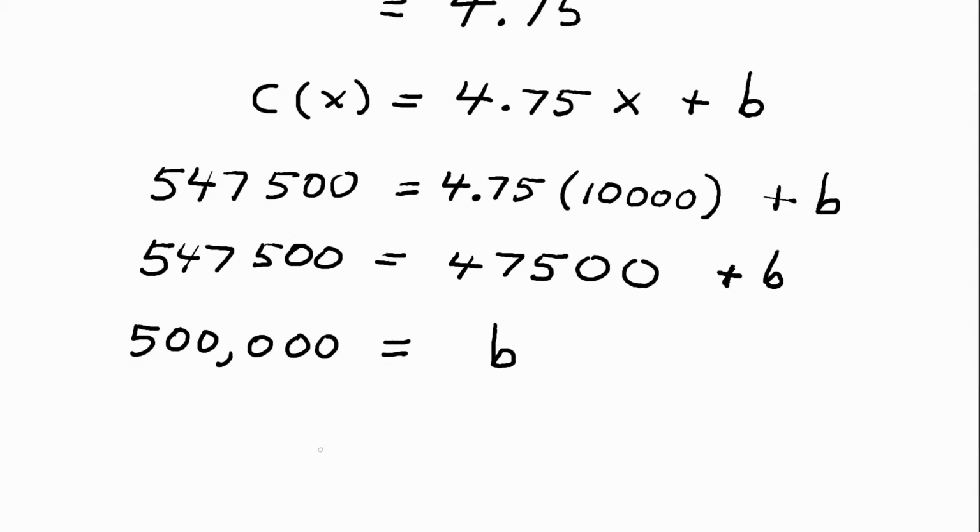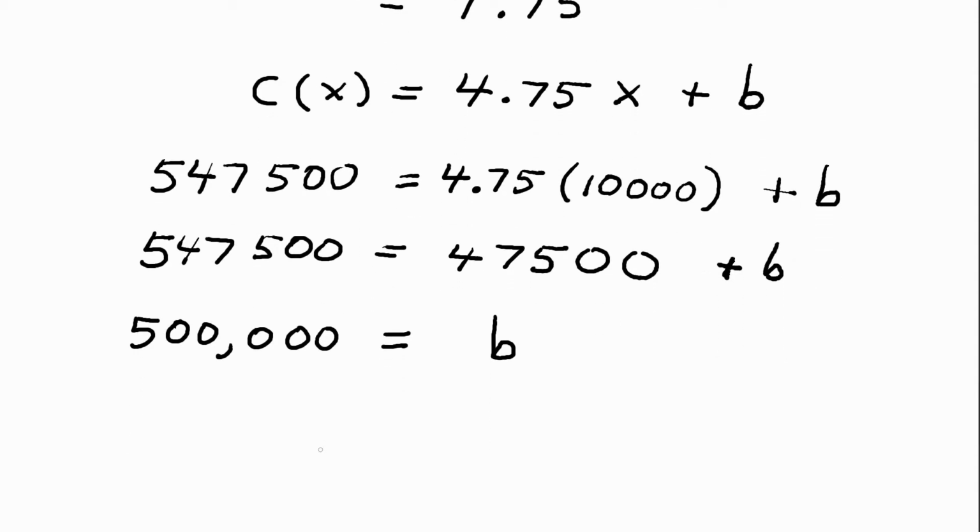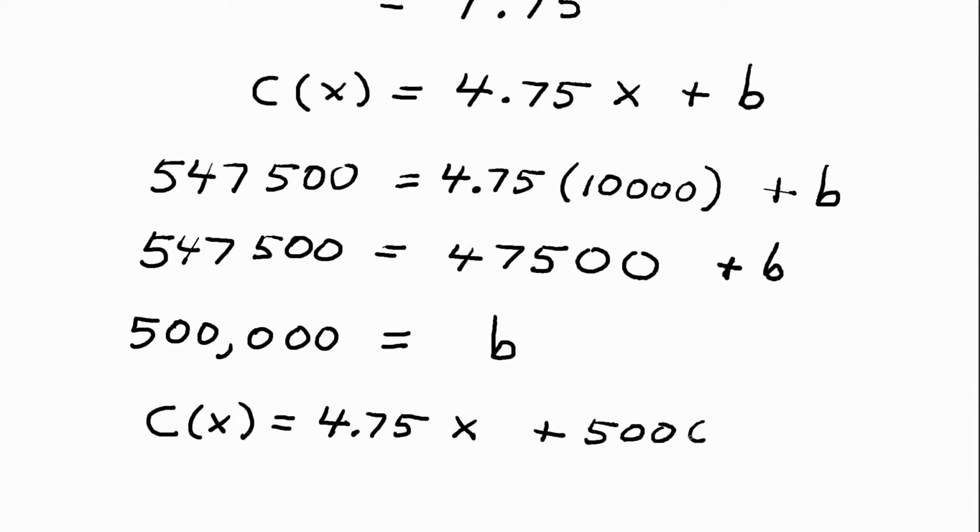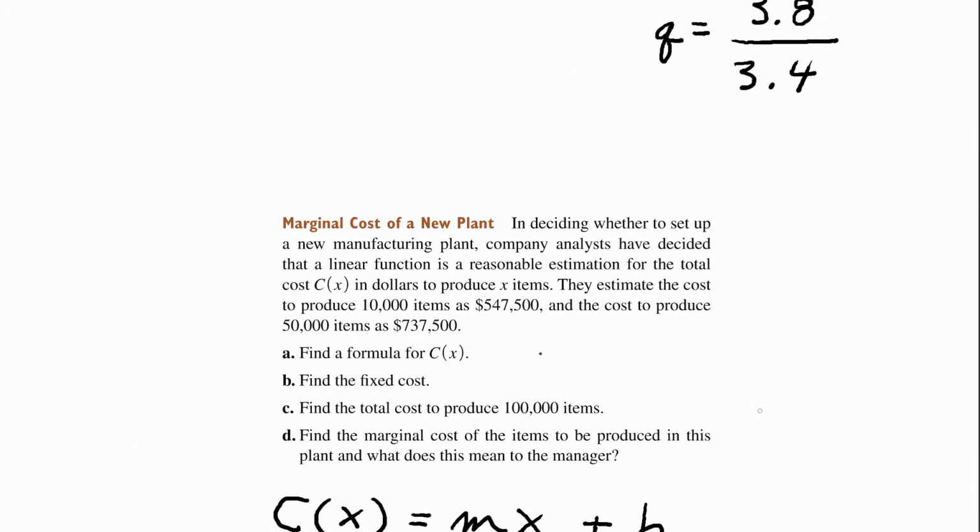So that tells us that our cost function here is given by 4.75x plus 500,000. Let me now go back and see what questions we want to have answered here. So we did that. We found the function C of X.